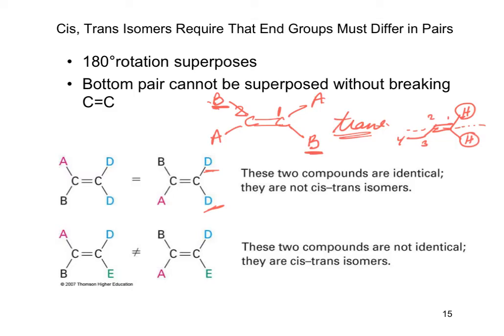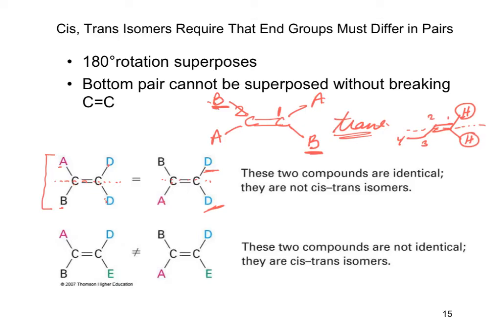So this first example that has been shown here, these are not compounds that are cis or trans isomers. They are actually identical because on one carbon you have an A and a B, and on the adjacent carbon participating in the double bond, you have both positions that are D. Even if you were to flip that, you will still continue to have the A and the B on the same carbon, and the two D's are going to be on the other carbon.